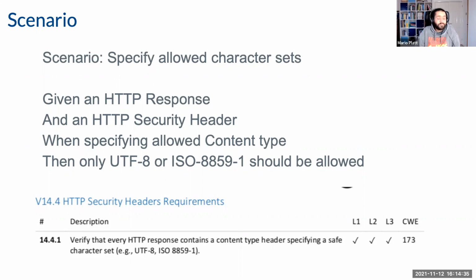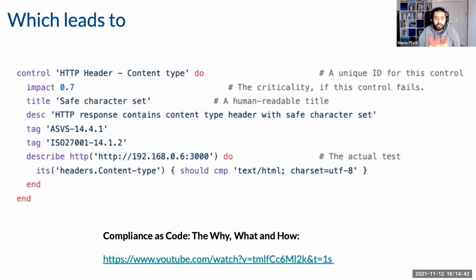Right? And if security people can start writing this, which is kind of a breakdown of logic, then the next step to actually codify it in a policy as code DSL, here we have the example of Chef InSpec, becomes easier, right? So here, basically what we're saying is we've got headers.